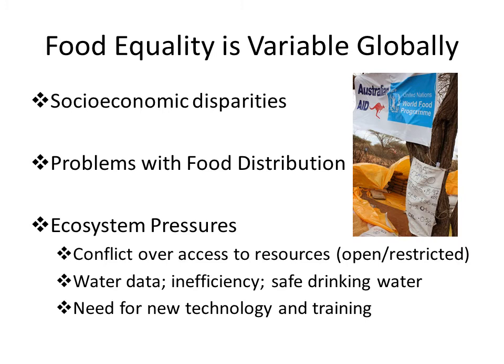Finally, food inequality is related to ecosystem pressures. If we look at the history of the United States, we can remember that in the western United States, we used to have much open range land that could be used by anyone. Most of that has been fenced off or has been taken over by the U.S. government, who then leases it to individuals who can afford to graze cattle or other livestock on that land.